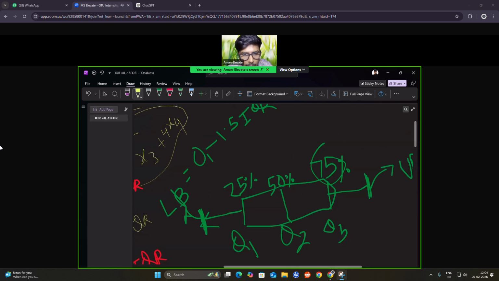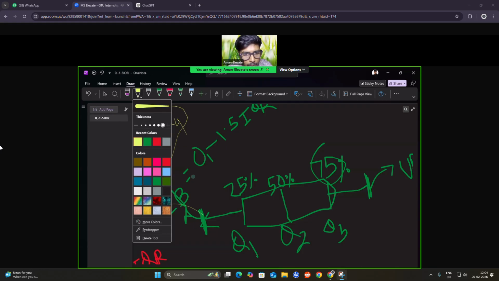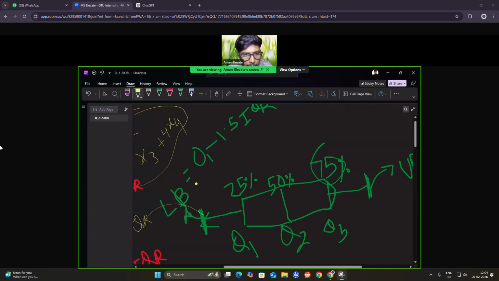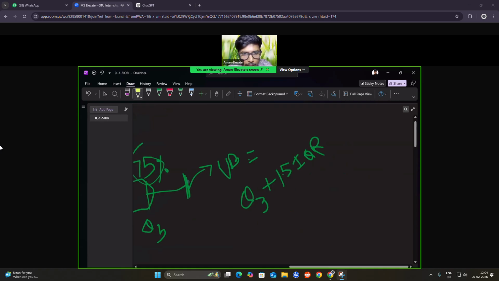So anything below the lower bound is an outlier, and anything above the upper bound is an outlier.